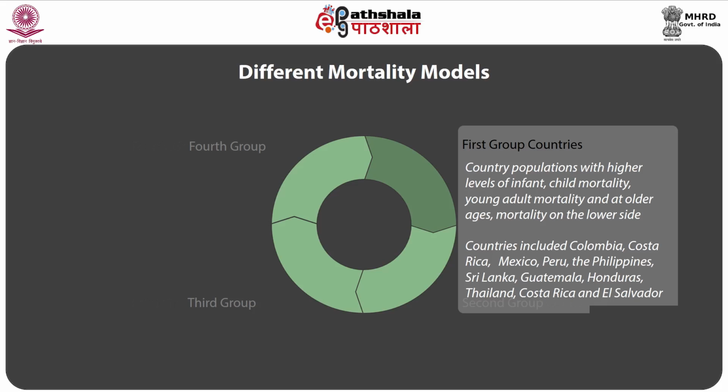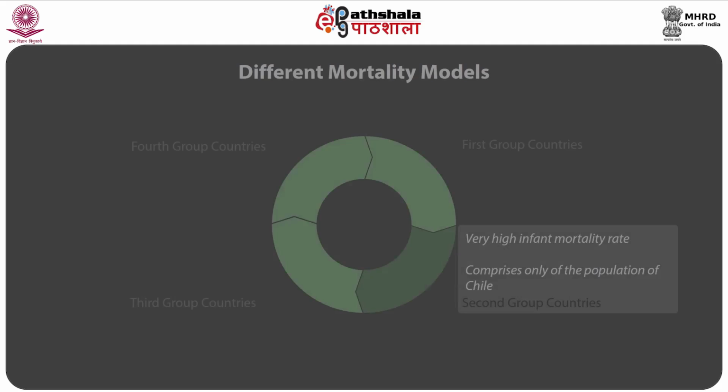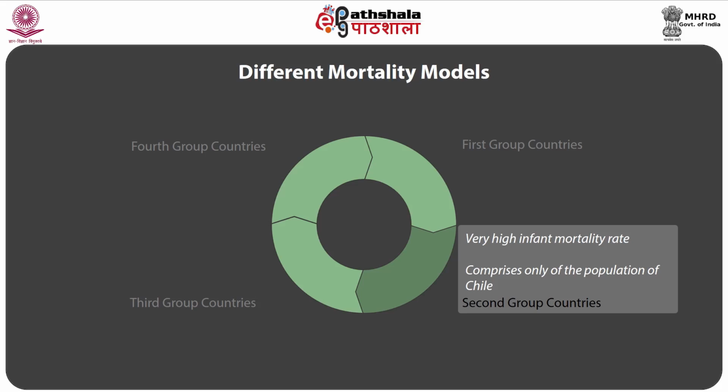These countries include Colombia, Costa Rica, Mexico, Peru, the Philippines, Sri Lanka, Guatemala, Honduras, Thailand, and El Salvador. The second group comprises only the population of Chile, as the mortality pattern was more similar to group 4 except for very high infant mortality.